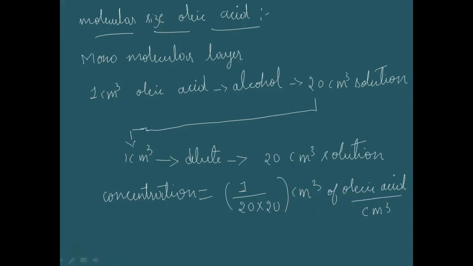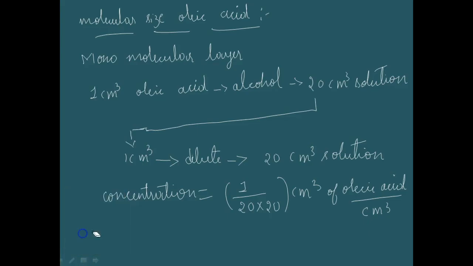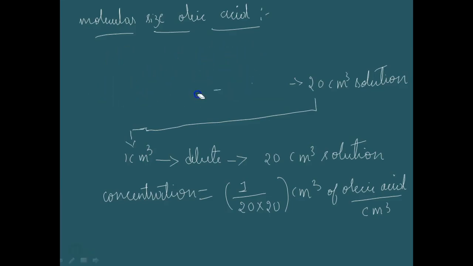So next, in the next part, we sprinkle some lycopodium powder on the surface of water in a large trough, and we put 1 drop of this solution in the water.